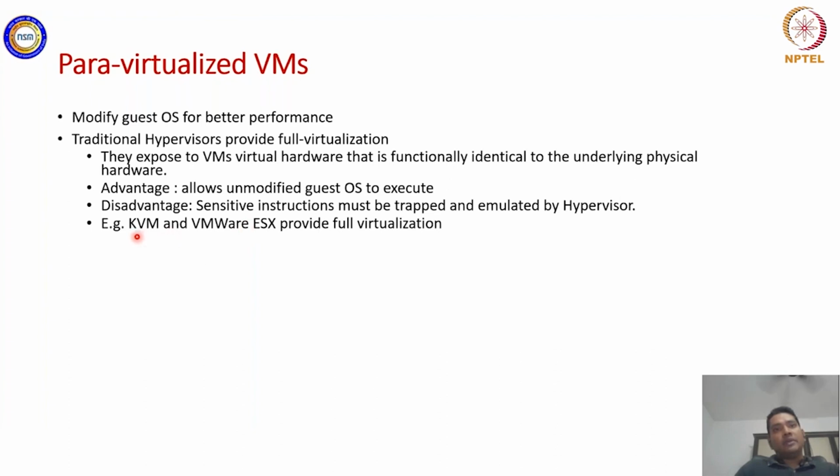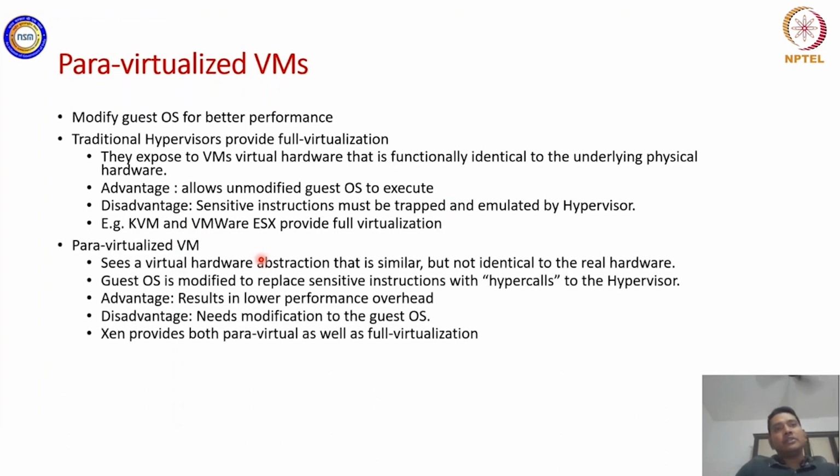So virtualizations like KVM, the kernel level virtual machine, and VMware ESX that we have seen, all provide you full virtualization, but of course they cannot take advantage of all the resources that are available because of this penalty of trapping and emulating, right?